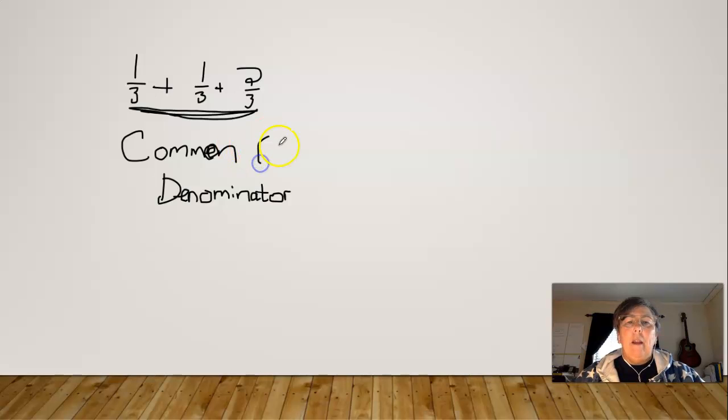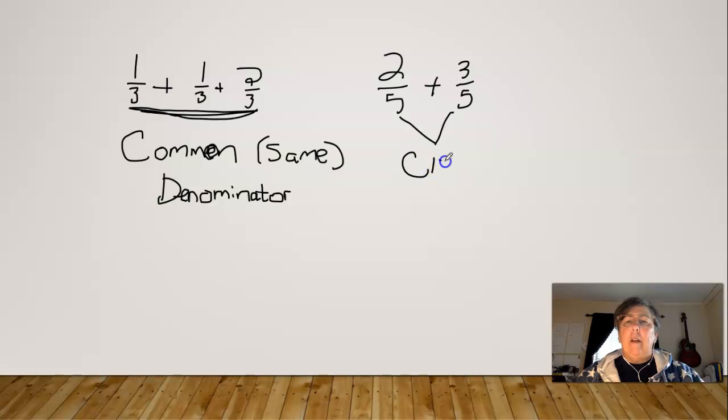Common denominator. Common means the same. It's the same denominator. So if I had 2/5 and I wanted to add 3/5, I could do it because the denominators are the same. They're common denominators.